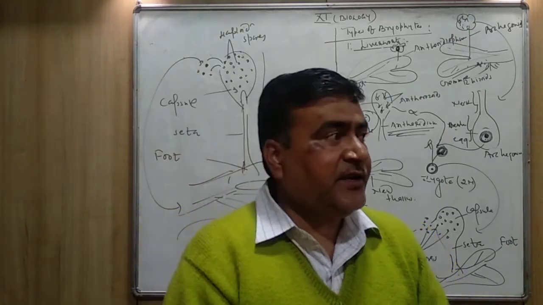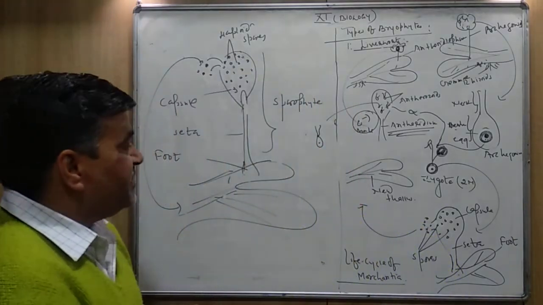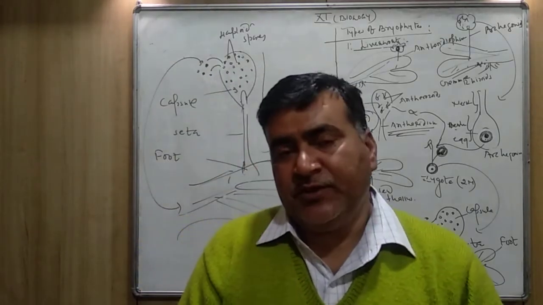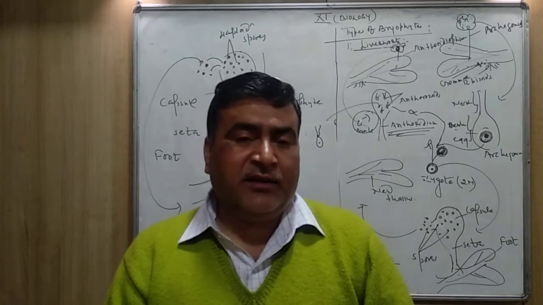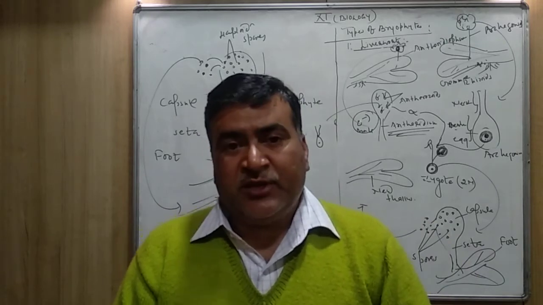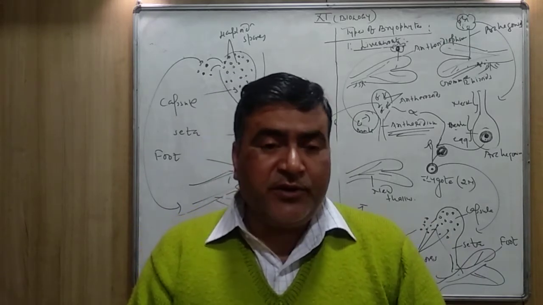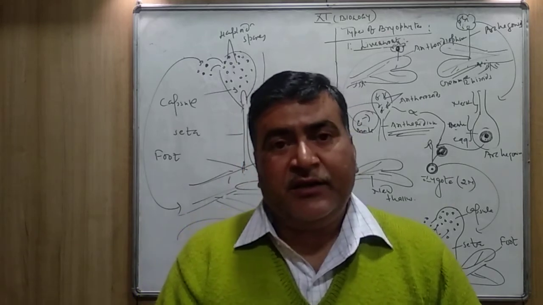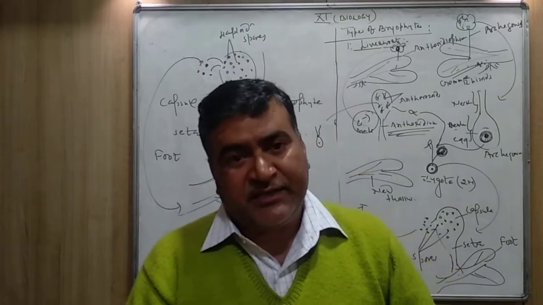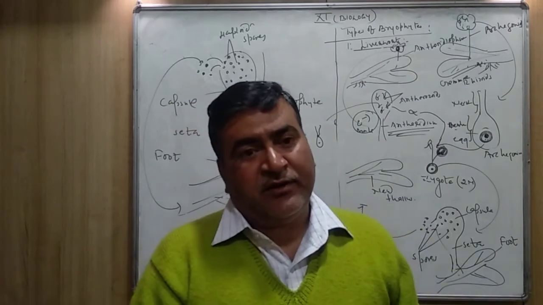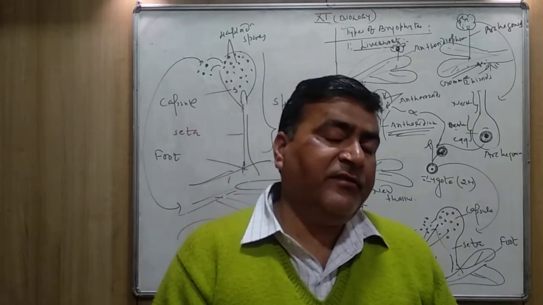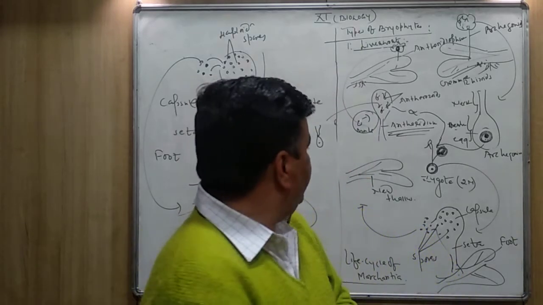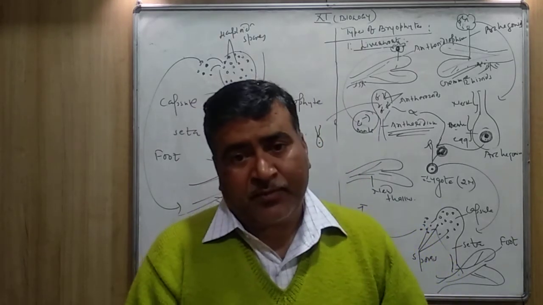The sporophyte is differentiated into three parts, as I told you: foot, seta, and capsule. And the capsule is the part where the spores are produced by the process of meiosis division, and each spore is haploid in nature. The spores come outside from the capsule, and each spore can produce the new thallus.